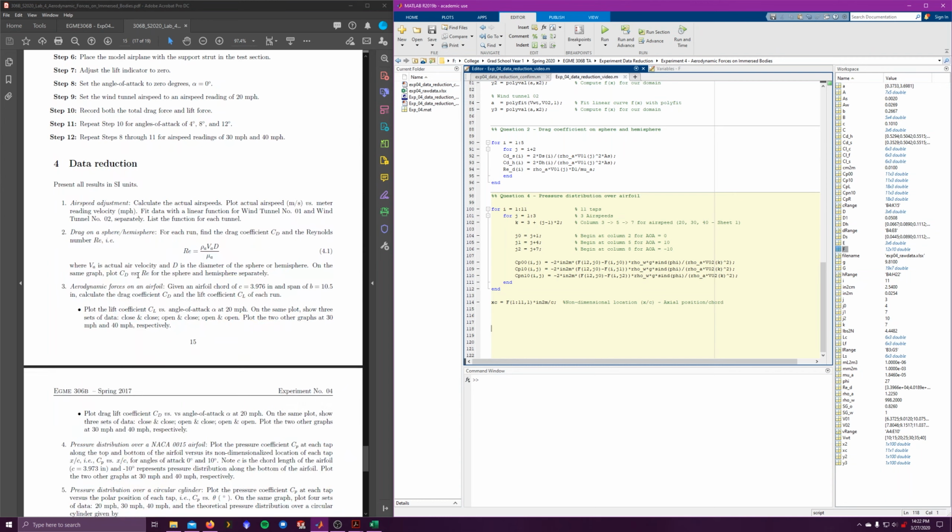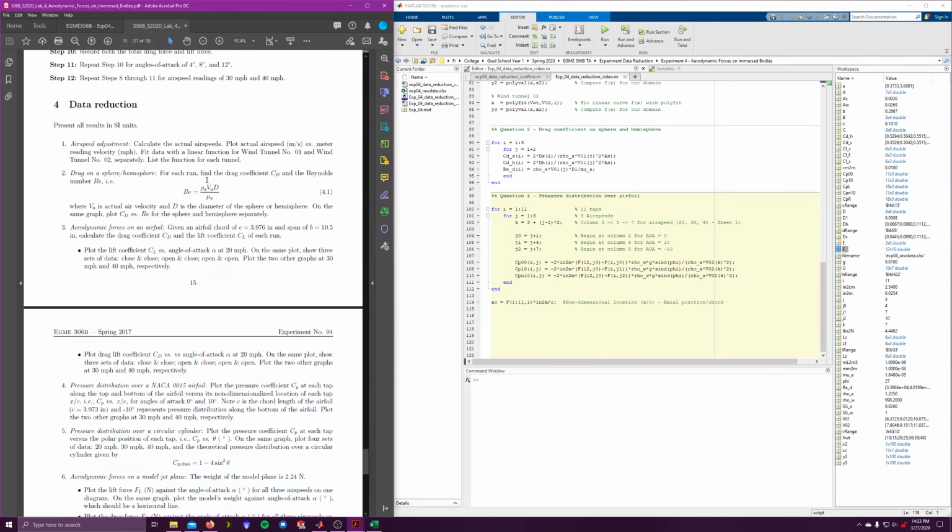I don't want to hand all of this out to you because, yes, this isn't a MATLAB class, but you also need to know how to parse and process your data by yourself. That's a valuable tool that you need to have.